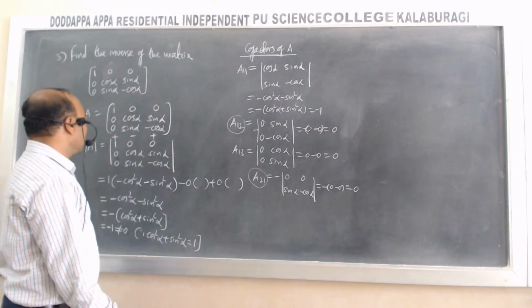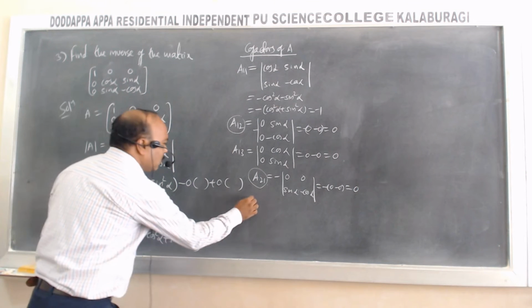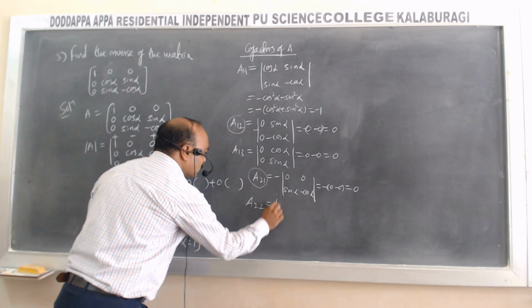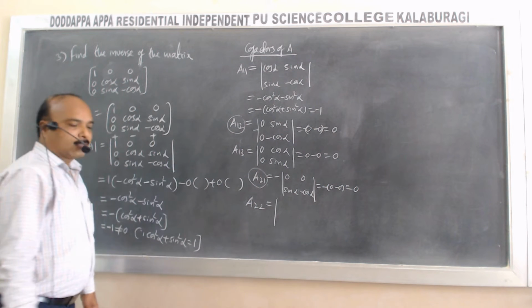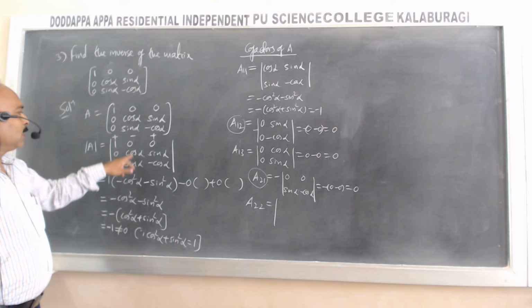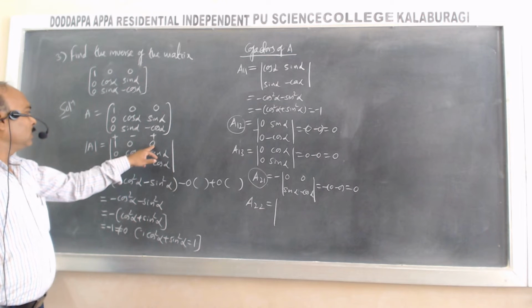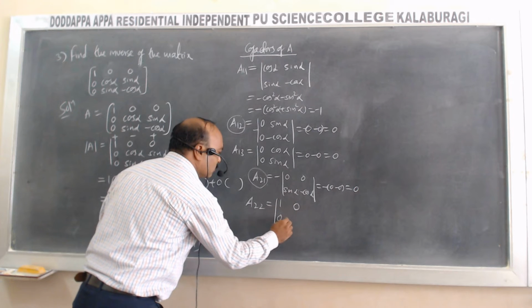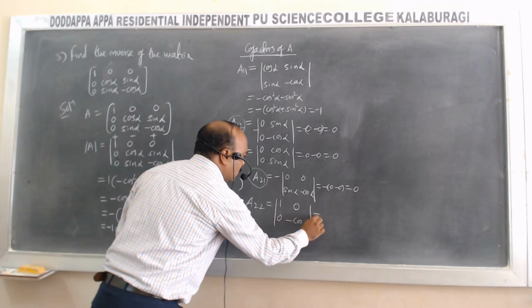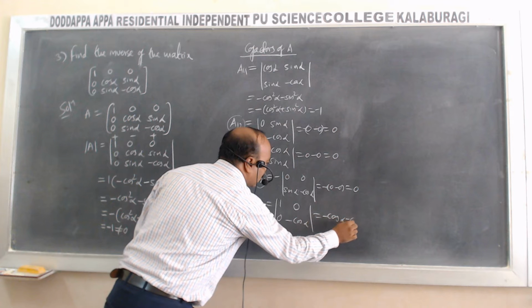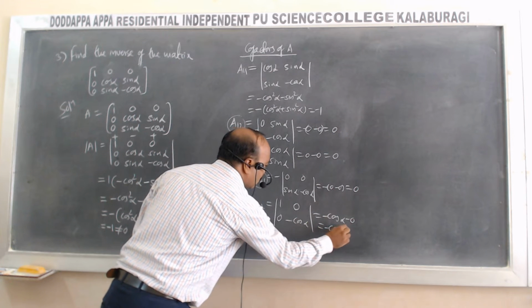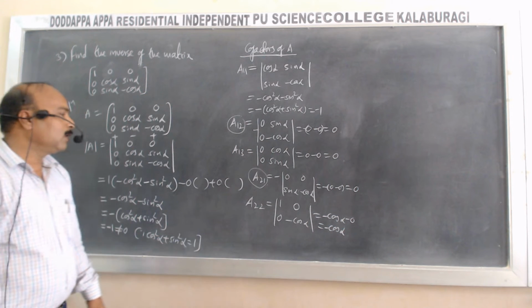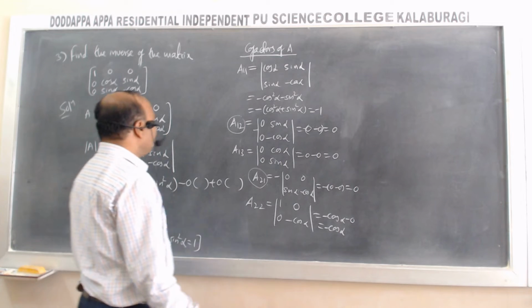Next we go for the A22 element, that is the cofactor of cos alpha. Deleting this column and this row, you get 1 0, 0 minus cos alpha. So it is minus cos alpha minus 0, it is minus cos alpha. Next we go for A23.